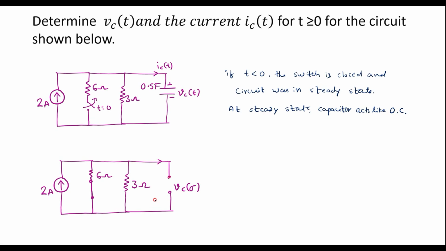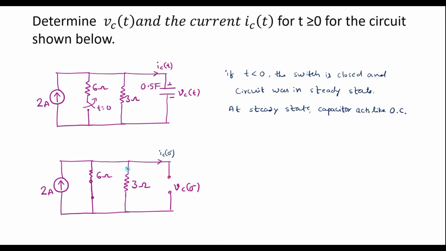So this is the equivalent circuit for t less than 0. Here we can see that the switch is closed, and the current in the capacitor is Ic of 0 minus and the voltage across the capacitor is Vc of 0 minus. The capacitor acts like an open circuit, so this branch is open. Now we'll try to find the voltage Vc of 0 minus.